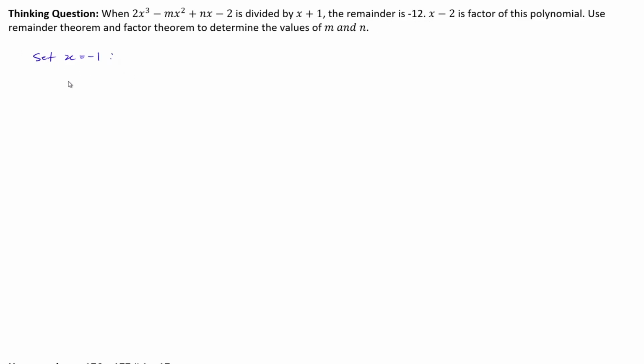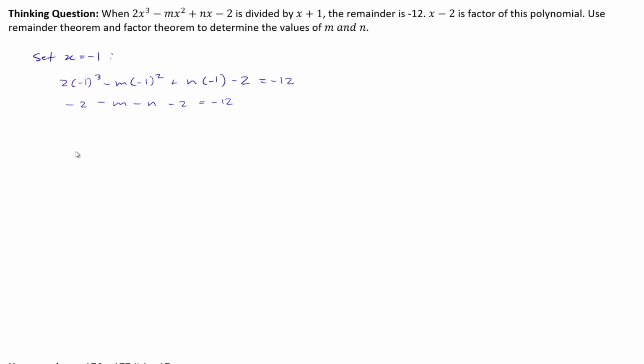All right, so 2 times negative 1 cubed minus m negative 1 squared plus n negative 1 minus 2 is equal to negative 12. So here I end up with negative 2, then I end up with minus m minus n minus 2 is equal to negative 12.